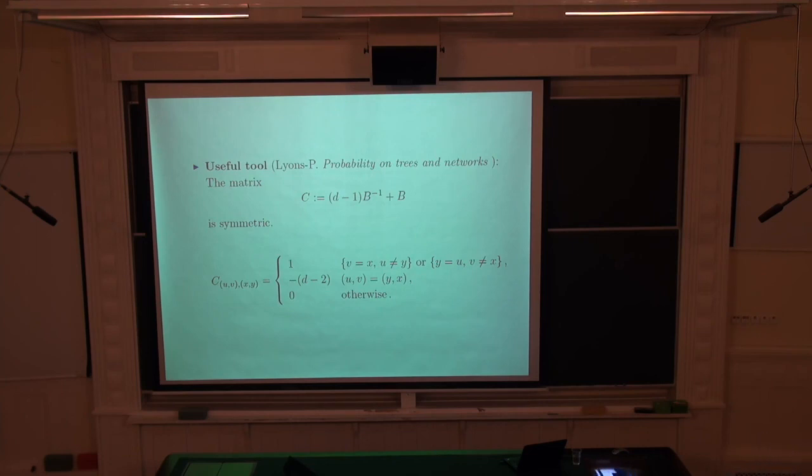Does it impose some kind of random walk like thing? Yeah, I guess so.